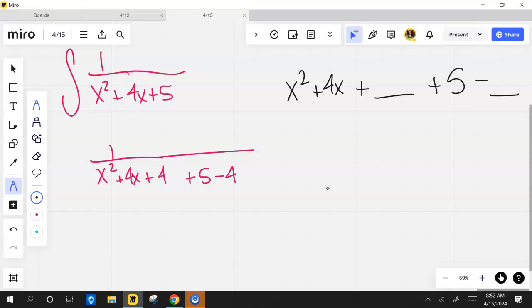Now we're going to add and subtract at the same time to keep it balanced, right? If I give you 5 and then I take 5 away, then I've not done anything. So this becomes x plus 2 squared plus 1.